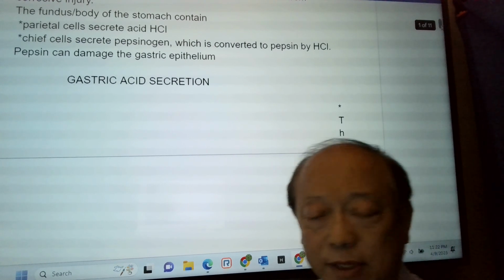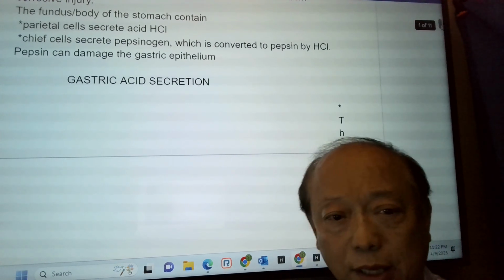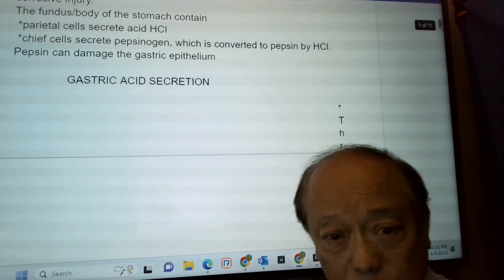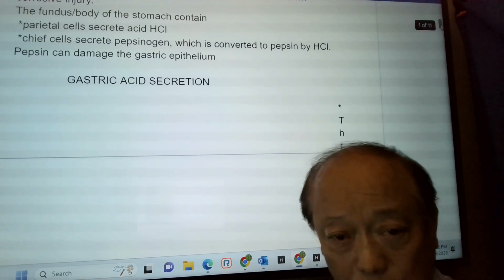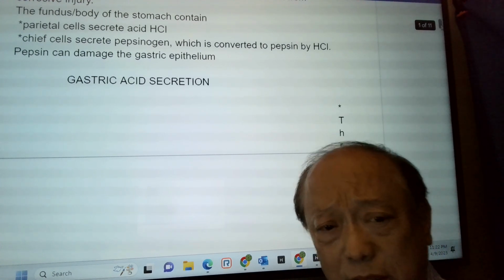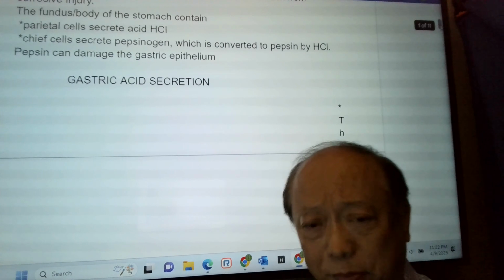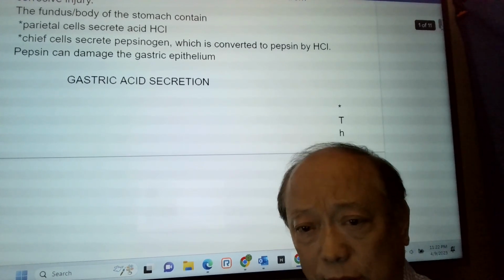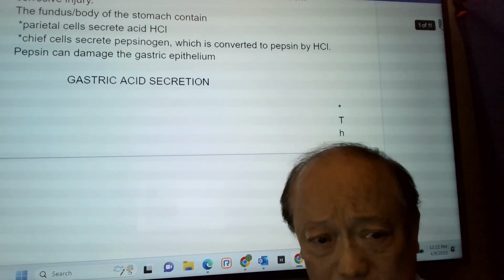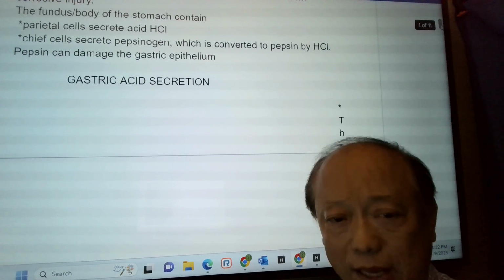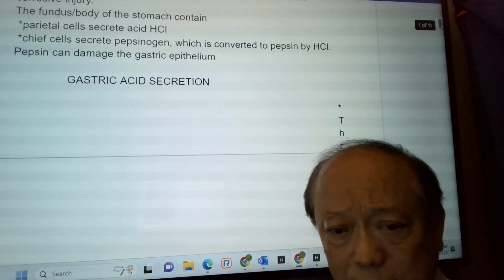The stomach fundus and body contain parietal cells, which secrete hydrochloric acid, and chief cells, which secrete pepsinogen, which is converted to pepsin by hydrochloric acid. Pepsin can damage the gastric epithelium.